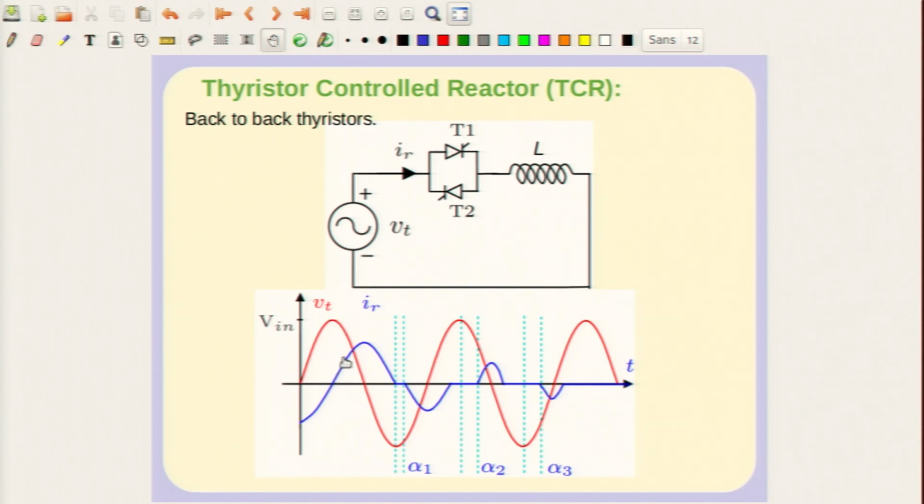You will find that the current increases. The current through an inductor is the integral of the voltage across it, so the current is equal to 1 upon L times the integral of the voltage. If you integrate this voltage waveform from this point onward and scale by 1 by L, you will find that this is how the current increases.